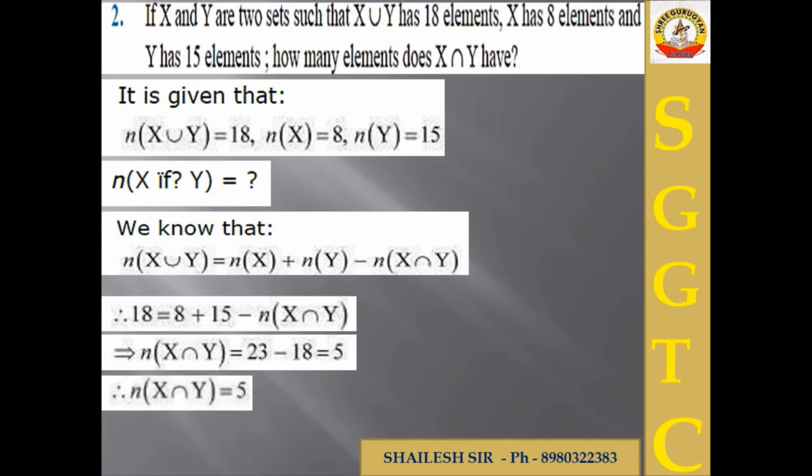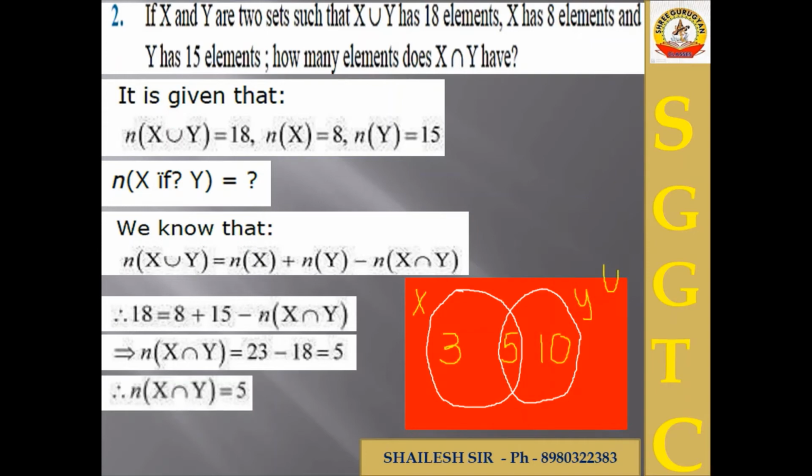to 5, and I show this value again in the Venn diagram. Yes students, this is my Venn diagram for set x and set y. Here the common region is 5, already placed in the center, and our x set totals 8 students.